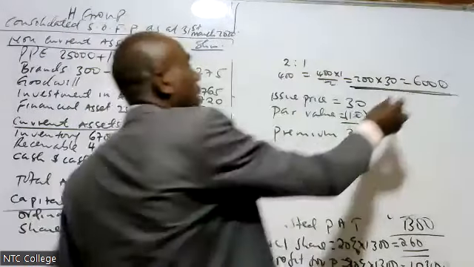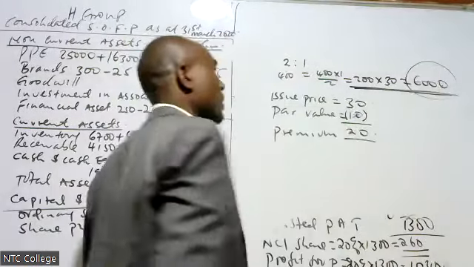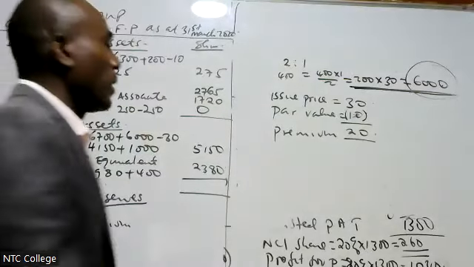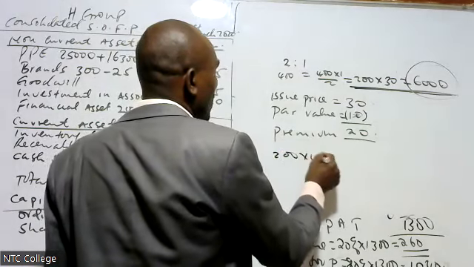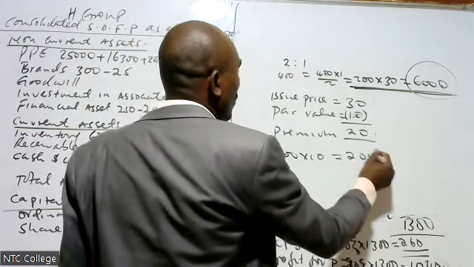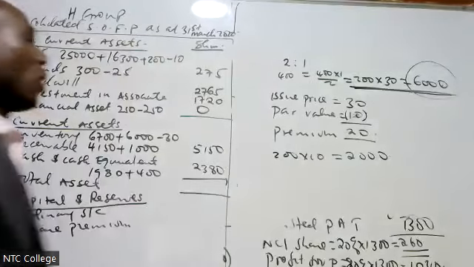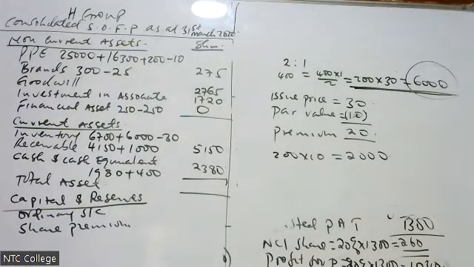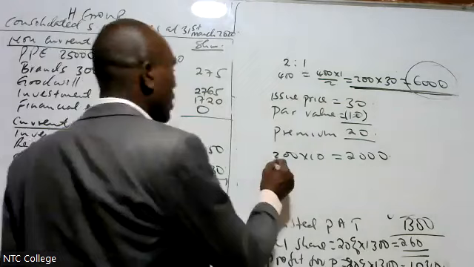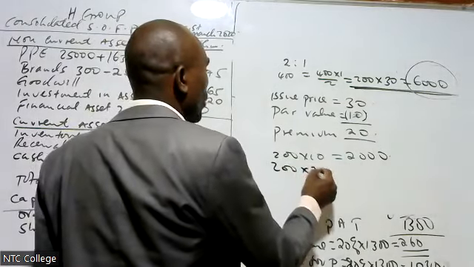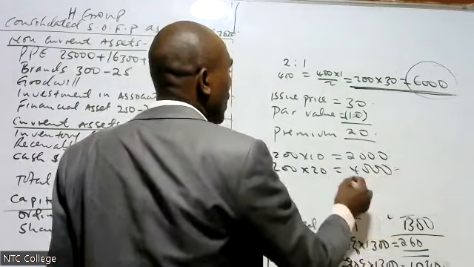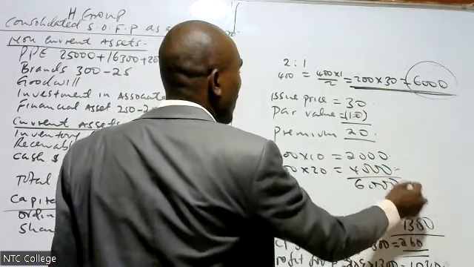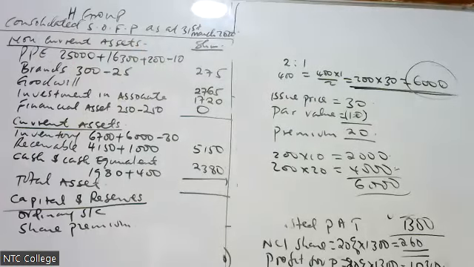Therefore, for me to account for these 6 million of shares, I will take 200 times 10 par value, I get 2,000. That goes to the ordinary share, 2,000. Then again, I take 200 times 20, I get 4,000. That goes to the premium. Total is 6 million there.